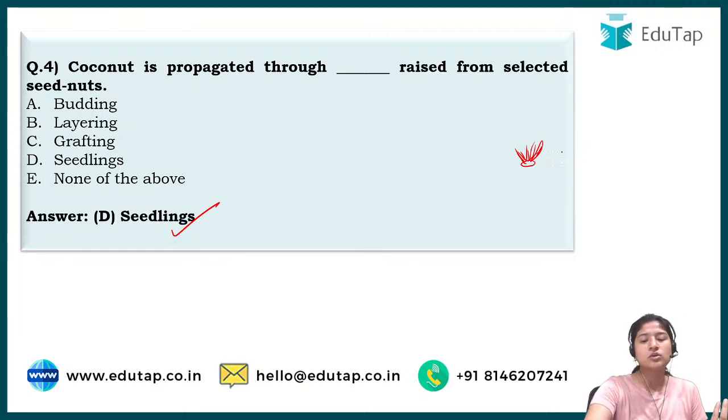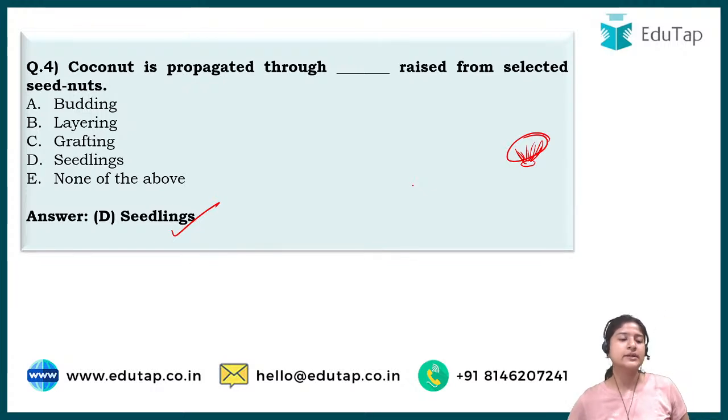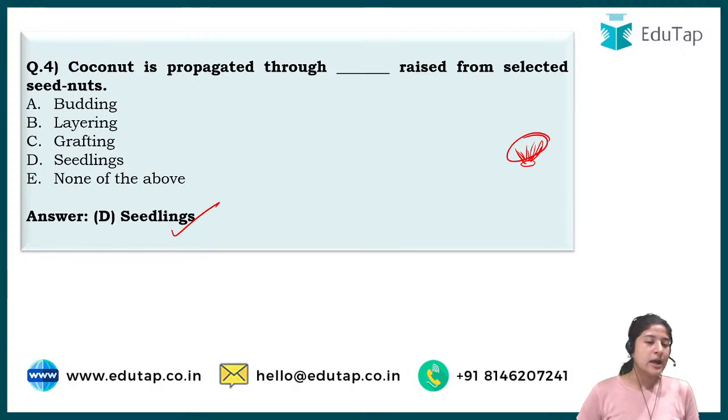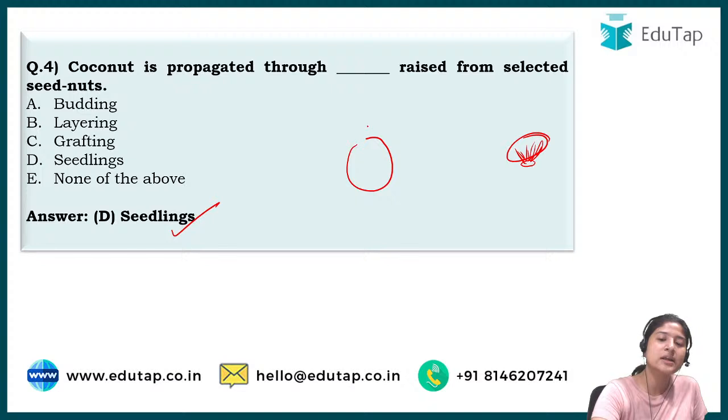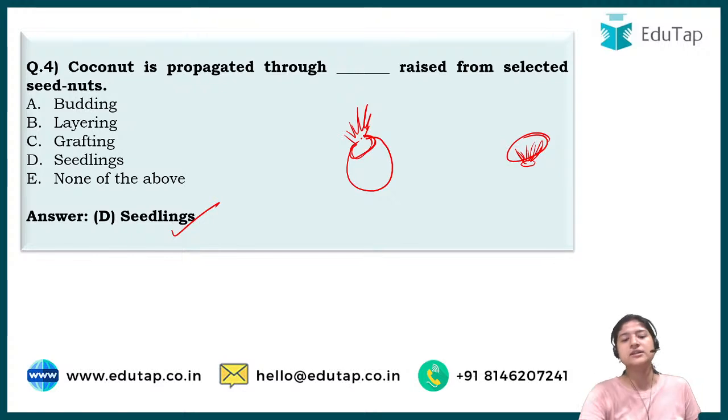Although in case of coconut, the number of leaves is more. It is approx 6 to 8 or 6 to 12, right? So seedling is that, and coconut is propagated through seedling. They have some leaves over here, and the girth is approx 10 centimeter. Girth is the area above where the leaves have come.